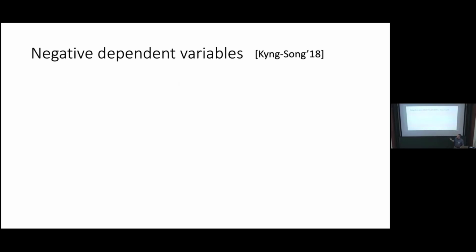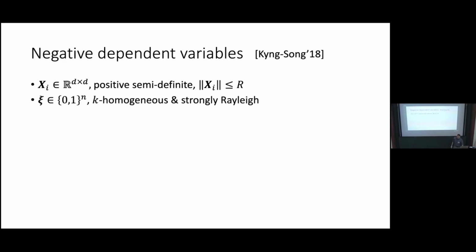And in this direction, we have a paper from 2018 from Kyng and Song. They consider a collection of positive matrices that are not random yet, bounded by R, and then the randomness is given by this distribution. So they take a random vector in {0,1}^n.